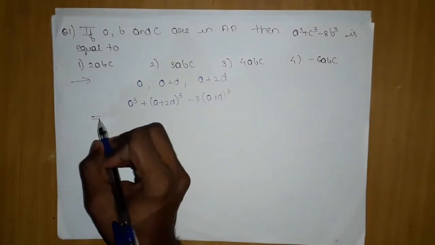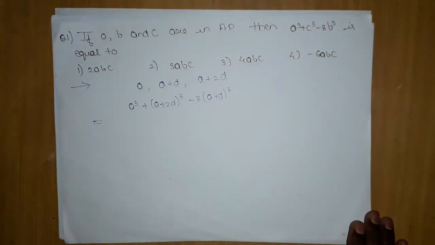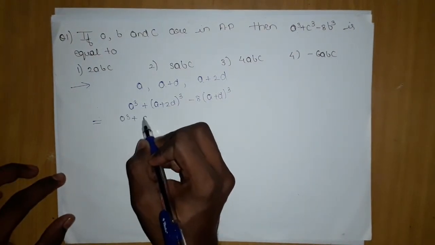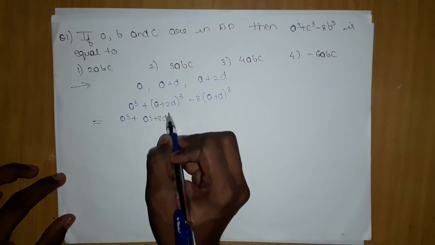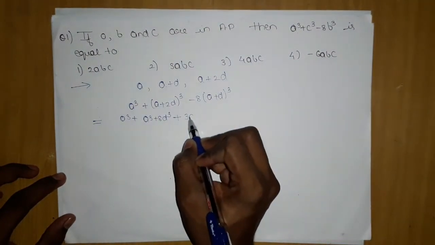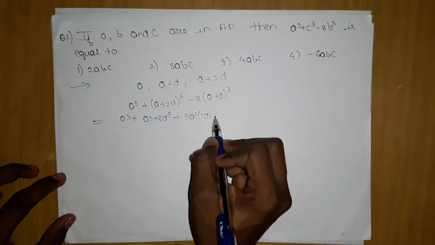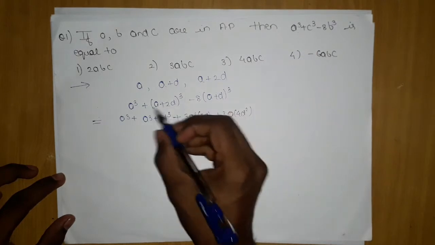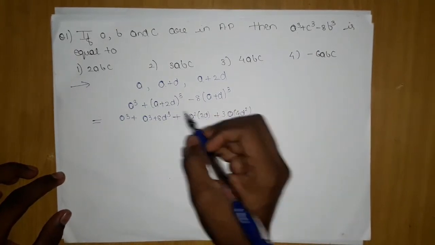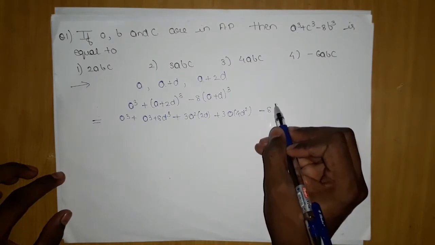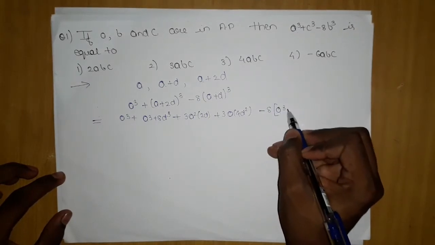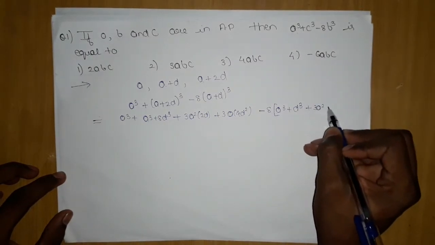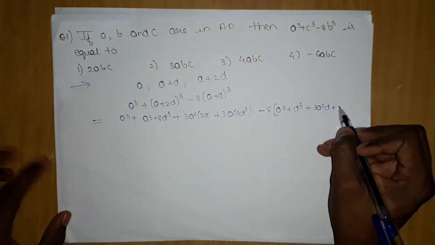Now you should know the (a plus b) whole cube formula, otherwise you cannot solve this problem. So a cube will be as it is. The second term will become a cube plus 8d cube plus 3a square into 2d plus 3a into 4d square. This is the (a plus b) whole cube formula. Similarly, we apply the formula here: a cube plus d cube plus 3a square d plus 3ad square. Please observe how I am applying the formulas.